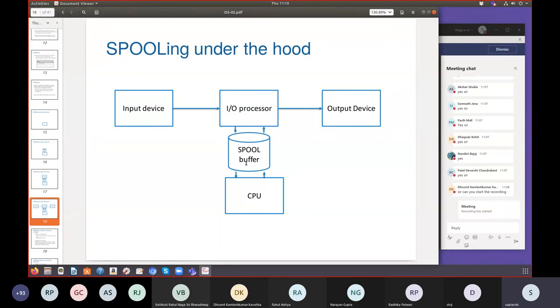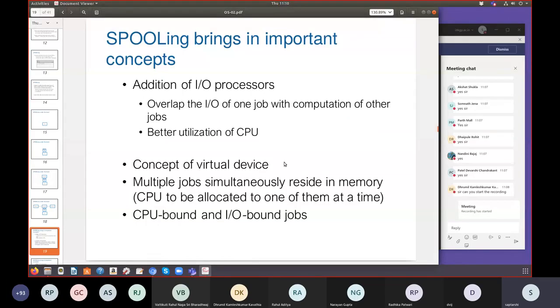So this was an early advancement, which has of course been much developed in later years, but this was the first time the concept of virtual device came. Another important landmark is that, remember what we discussed earlier, only one job used to reside in the memory at one point of time, and all other jobs had to wait until this job was finished.